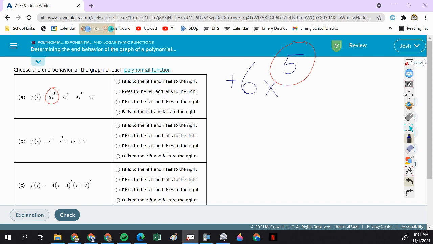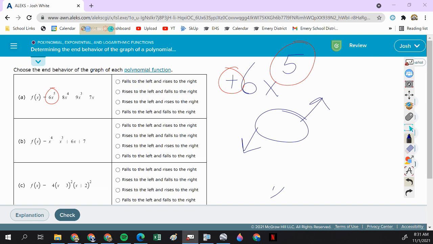One side's up and one side's down, right? It's one of these. Okay, and the sign in front is positive, so I know it looks like this. I don't know what happens on the inside, but I know that the right side is up and the left side is down. Does everybody understand that?